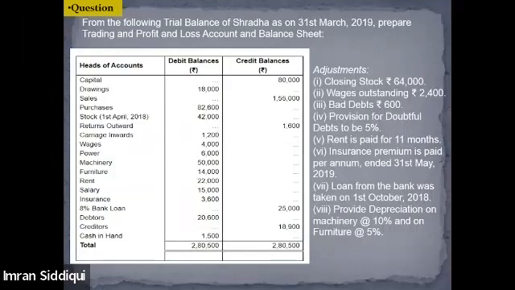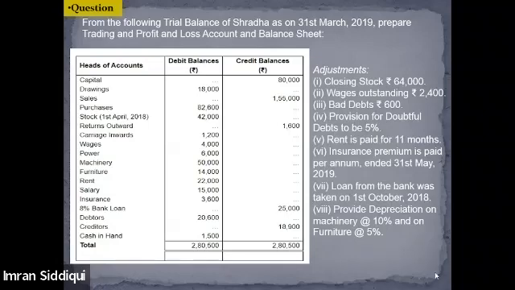Is there any adjustment regarding the insurance given? Yeah, there is an adjustment. Adjustment number 6 says insurance premium is paid per annum until 31st of May 2019. It is paid on an annual basis, right? And the year completes on 31st of May 2019.